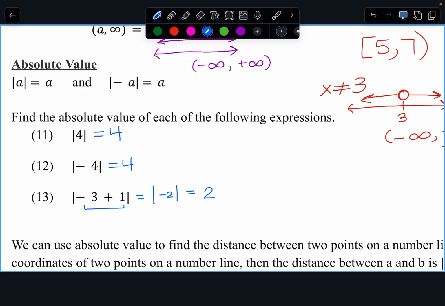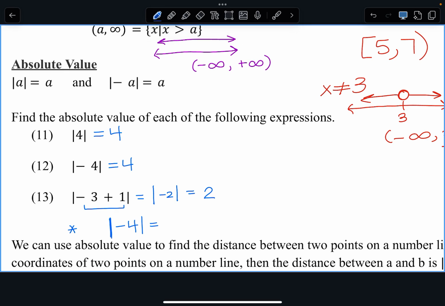What if, it's like a bonus, negative absolute value of negative 4? Positive. Hold on, I was just looking at this. I was just doing this problem yesterday. If I didn't have this, and I just had that, what is the answer here? 4.